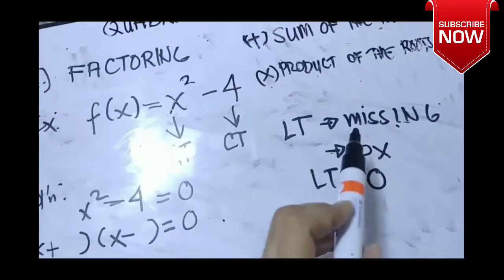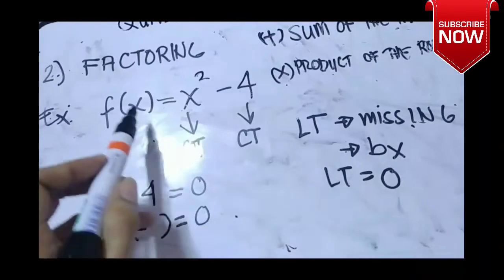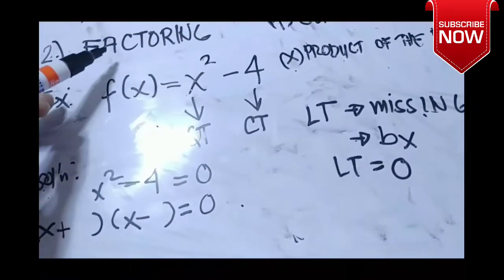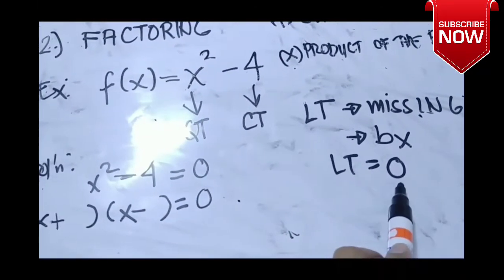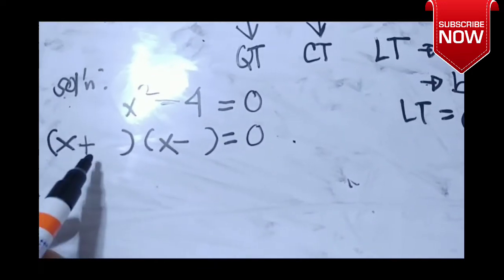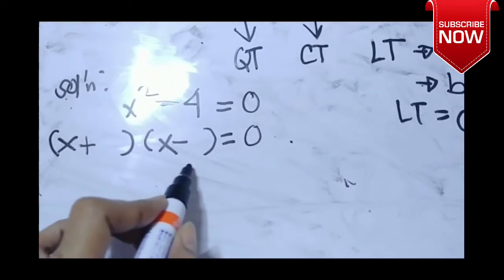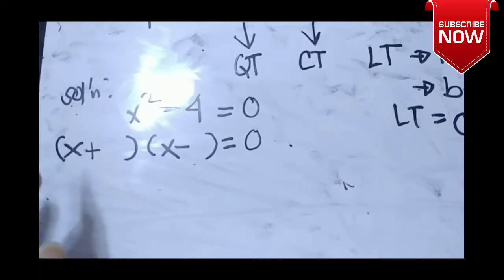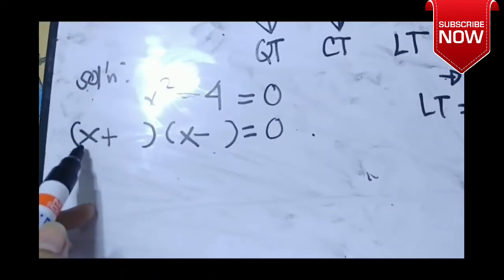Ngayon, may idea na tayo sa quadratic equation via factoring na ang linear term ay 0. So, ngayon, ang problema na lang natin kung ano yung numbers na ilalagay natin dito, dalawang numbers, pwedeng magkapareho, pwedeng magkaiba, na nakukumpleto sa quadratic, sa factoring equation. Okay.